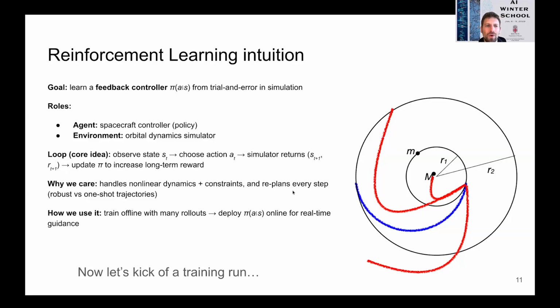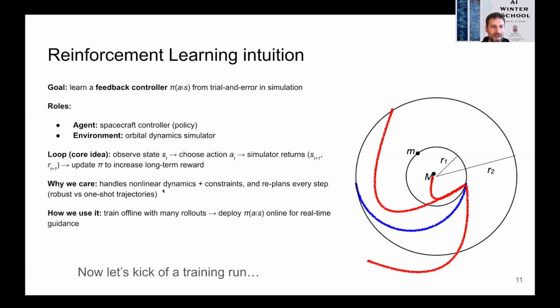So there's kind of two roles here. There's the agent, the spacecraft controller, which is the pi, given S what action to take. And then we also need to create a little simulation environment which has the physics baked in for this 2D orbital problem.